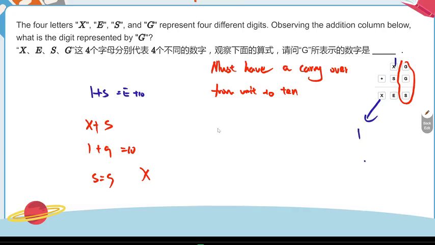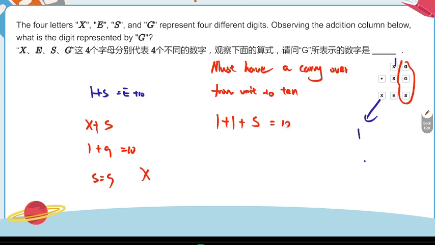Now, X is 1. We also have a carryover of 1 here, and we can add the S. It will equal 10.